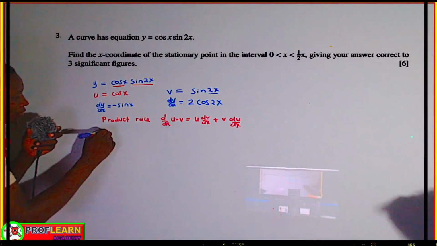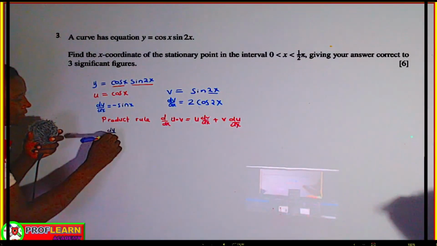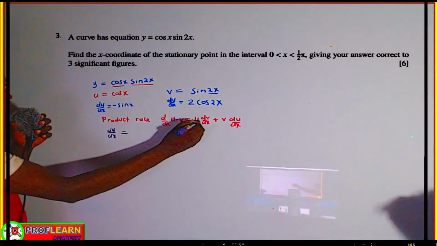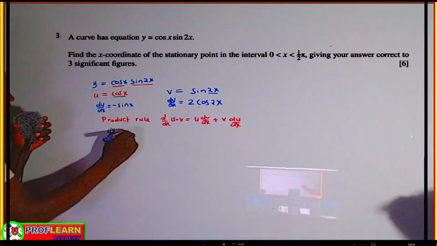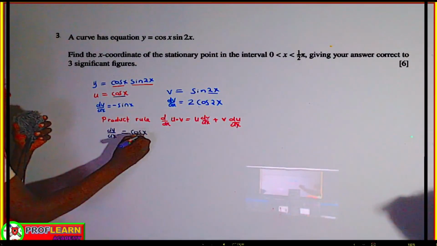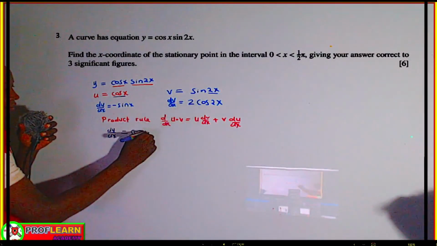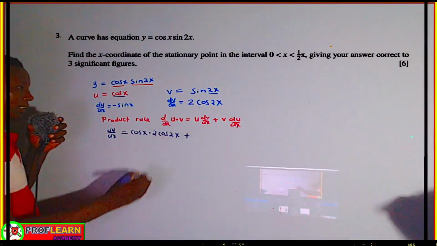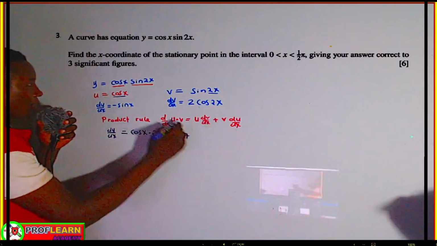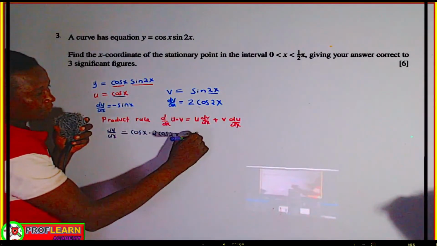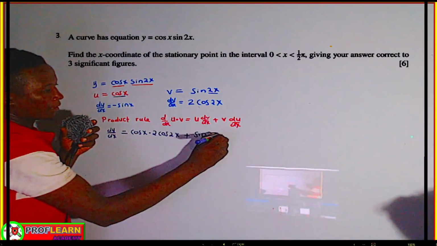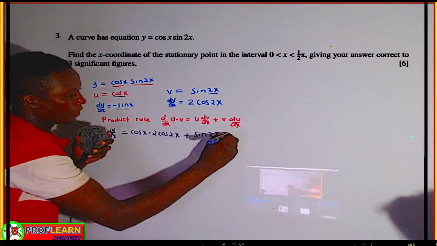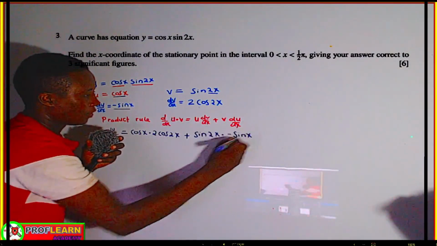So dy/dx is going to be equal to what? Our u is cos x, times dv/dx. dv/dx is actually 2 cos 2x, then plus v, our v is sine 2x, times du/dx, and our du/dx is negative sine of x.